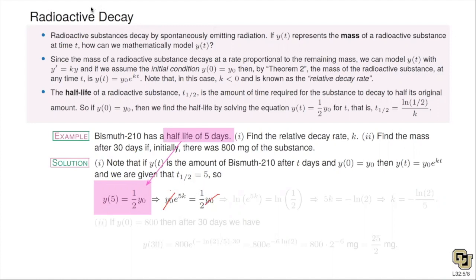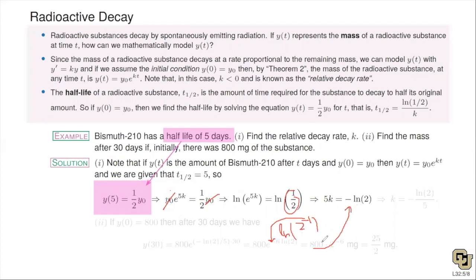So I'm trying to solve for K, take the natural log of both sides. The natural log and the exponential function are inverses, so you just get back 5K. And here, the 1/2, I wrote that as 2 to the -1. And then because it's in a natural log, I brought the -1 down in front. So that's where this minus sign is coming from here.